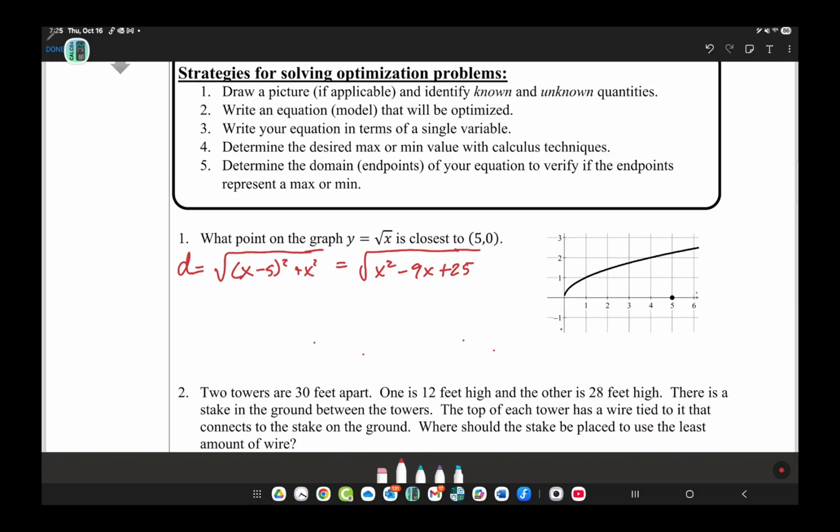All right, so the idea here is in order to find the min or max value, we are going to take the derivative, so d prime would be over 2 square root of x squared minus 9x plus 25. And then the derivative of what's inside would be 2x minus 9.